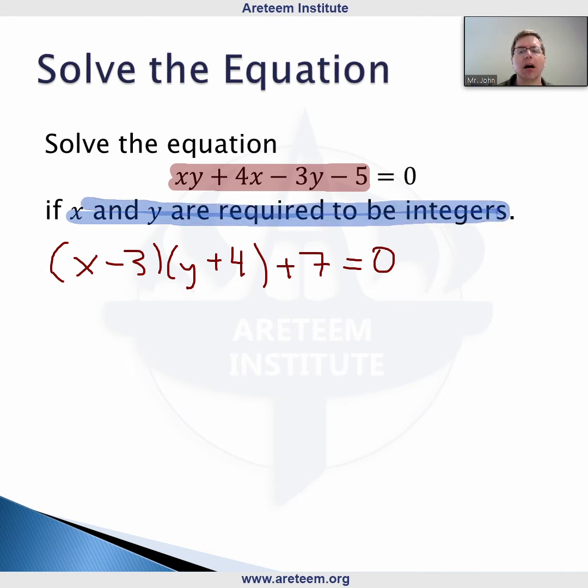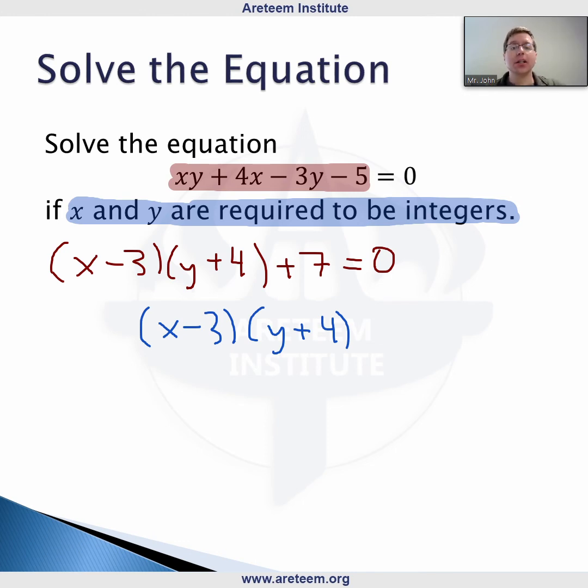This is where the number theory stuff comes in. We're going to see in a second how we can think about factors, prime numbers, and how that's going to allow us to figure out what x and y are here. So we have x minus 3, just rearranging this a little bit, y plus 4. These two numbers multiplied together.